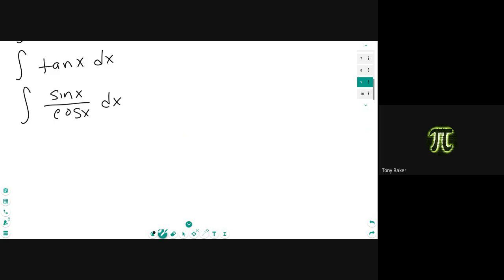We only got two options, right? Either cosine x or sine x. So if we make it sine x, then my du is cosine x dx, right? But cosine's in the bottom, not in the top. So I would have to do a lot of math to be able to move things around.